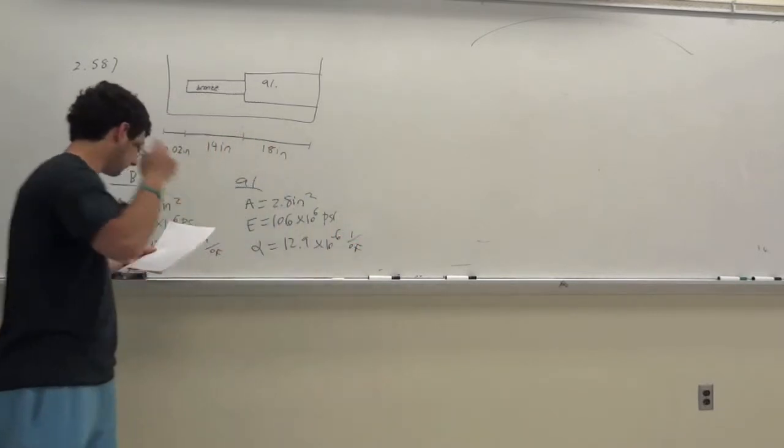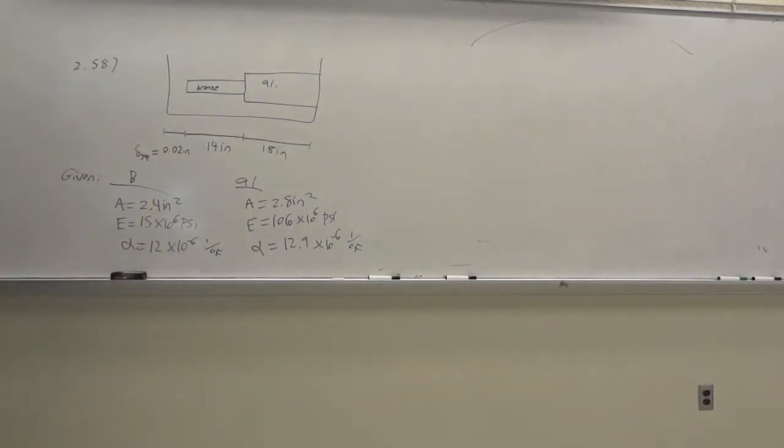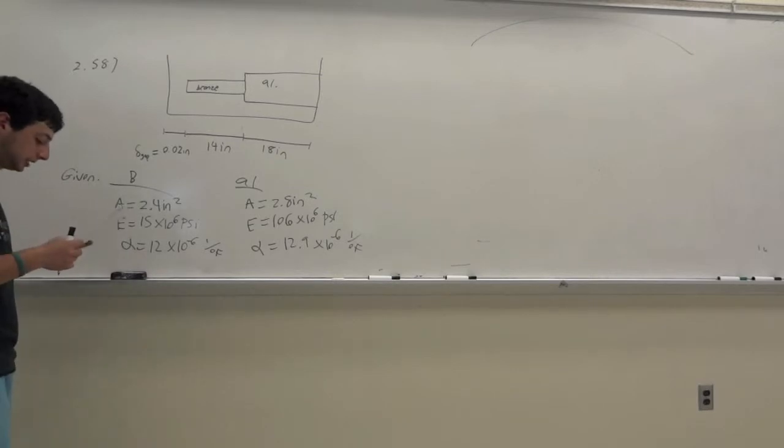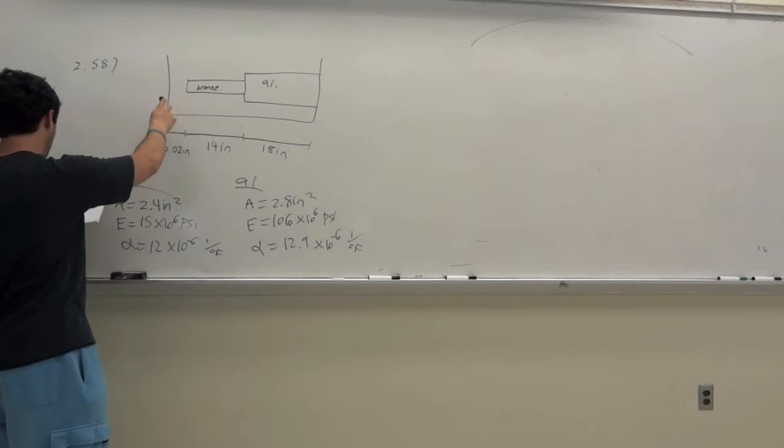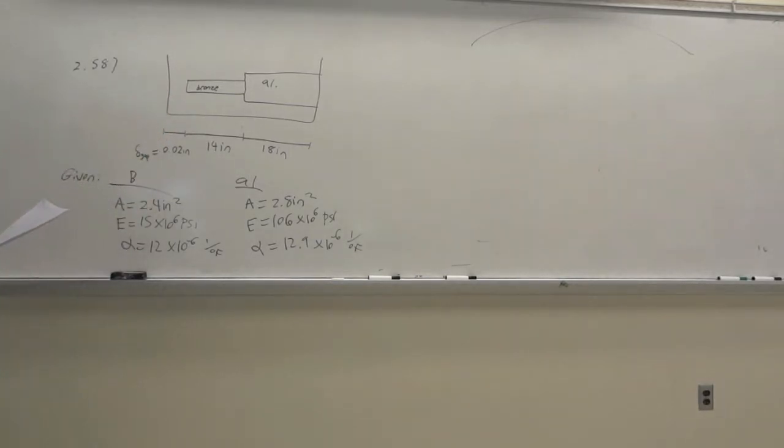So this is the information they give you, and they say, knowing that there's a gap of 0.02 inches between the bronze and this wall over here, they give you the initial temperature.